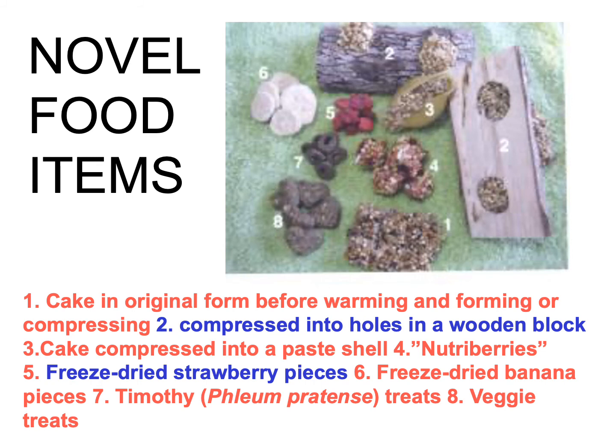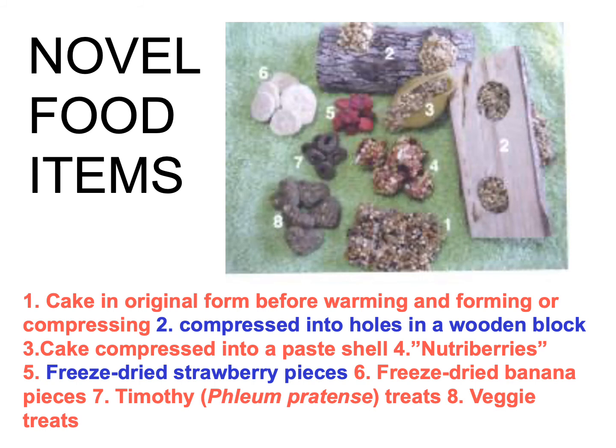You can see cake in original form before warming and forming, or compressed into holes in a wooden block, or cake compressed into a pasta shell. 4. Nutriberries. 5. Freeze-dried strawberry pieces. 6.